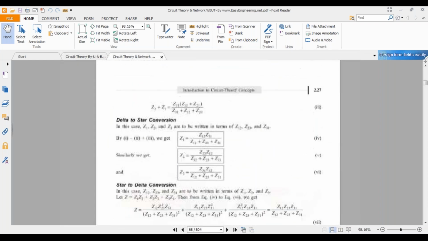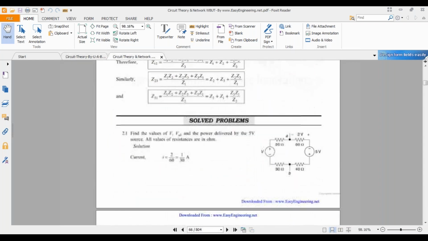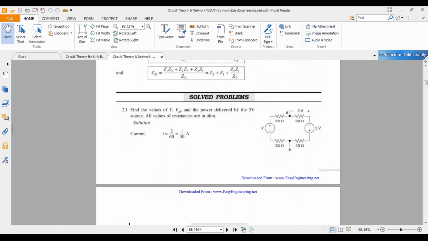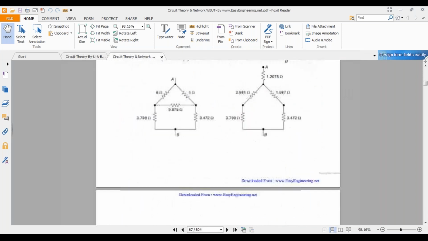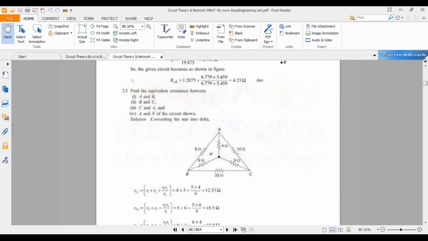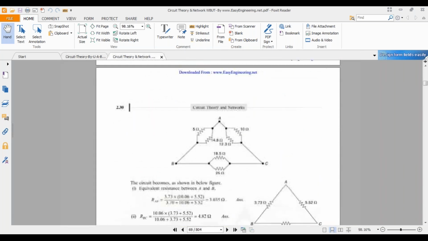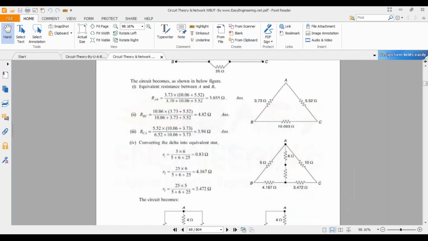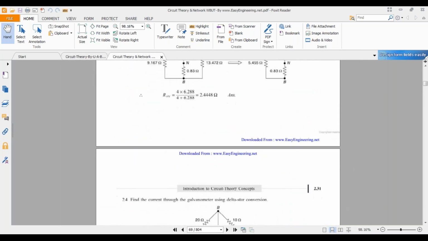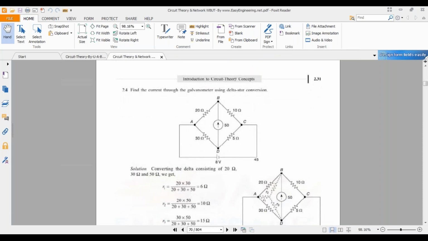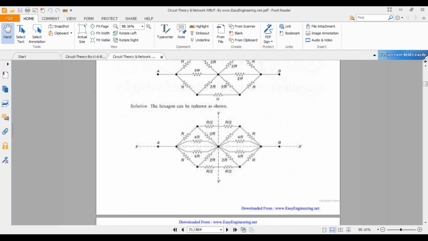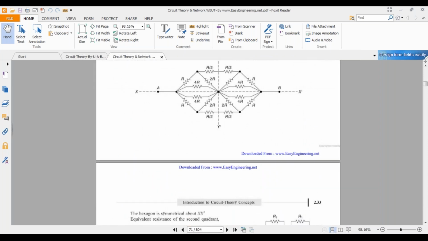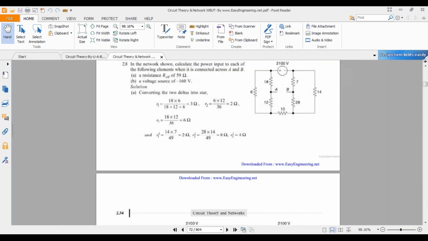Similarly, star-delta transformation can also be used for AC and DC. The same formulas can be applied for AC also. Without any hesitation, you can apply the same formulas of star to delta transformation, and similarly delta to star transformation, using AC circuits also, no problem.